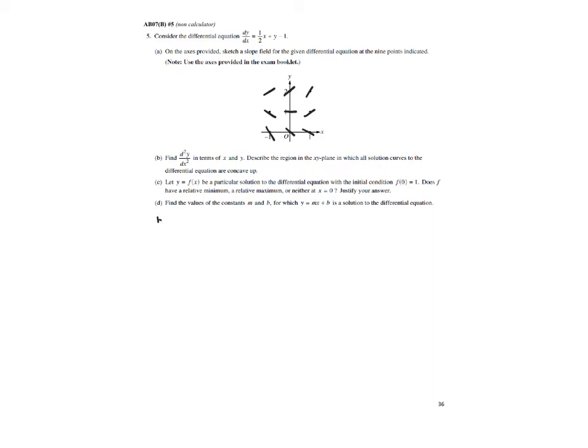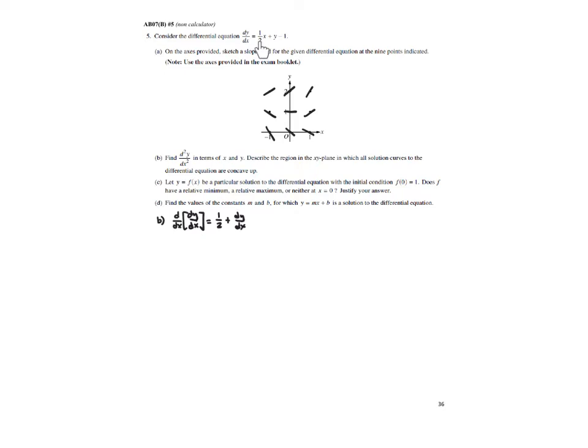All right, part B. Part B asks us for the second derivative with respect to x and y. Okay, so if I were to take the derivative of the first derivative, dy dx, I would get 1 half plus dy dx plus 0.